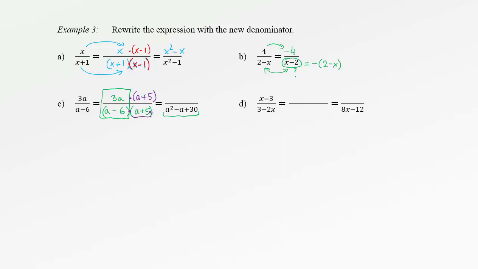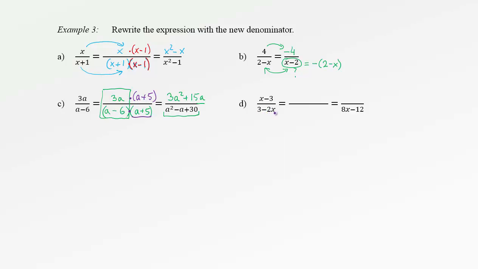Because a plus 5 over a plus 5 really cancel each other. Well, so now we know what to write in the numerator of the final expression. This could be written in a factored form as it is, or if you multiply, it could look like 3a squared plus 15a.